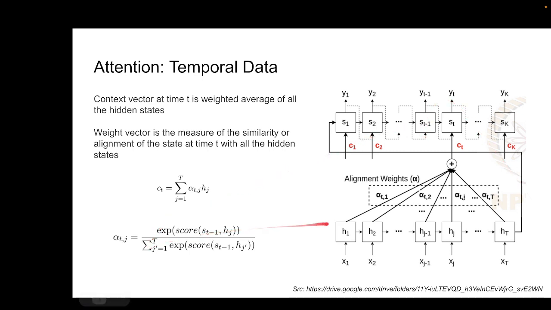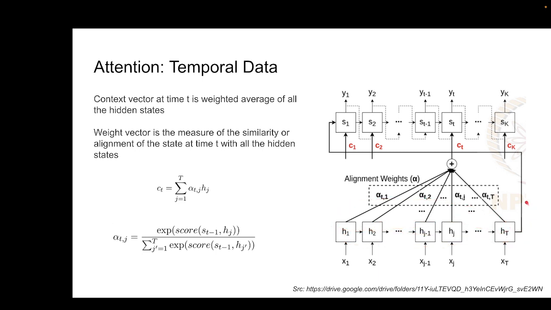They will have higher weights and the others will have lower weights, and based on the weights I will calculate the context vector c_t, right, and this c_t I will give as input to this s_t, so that it has all the information of all these input words.